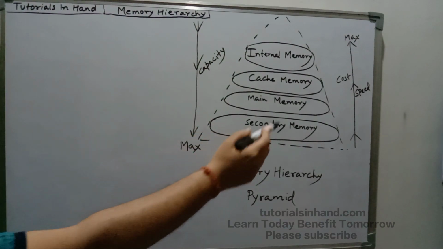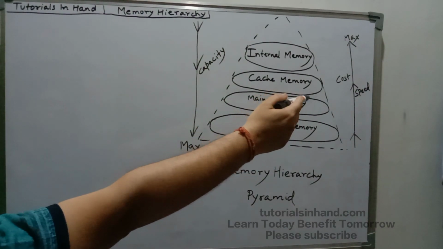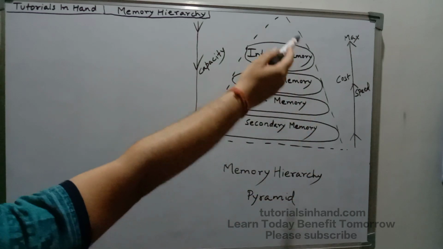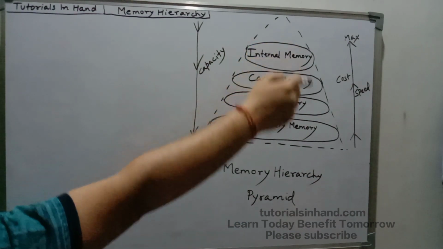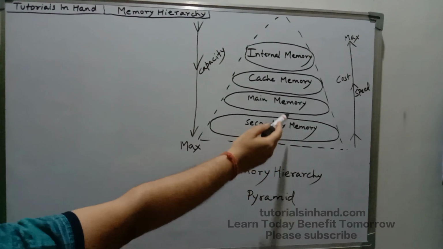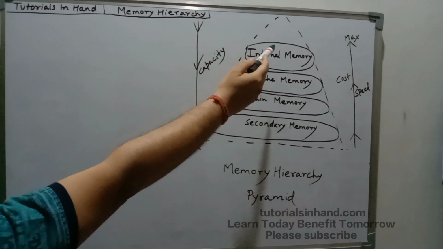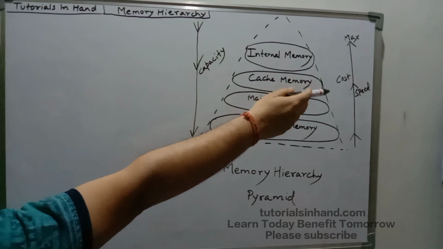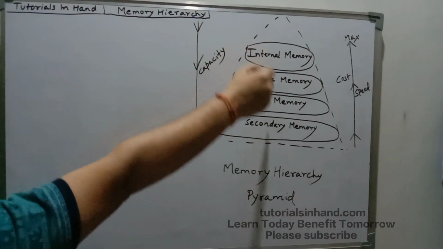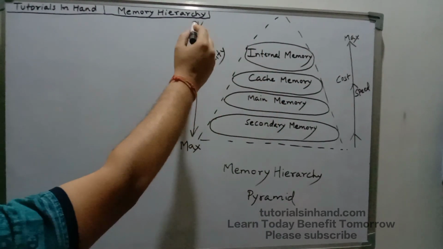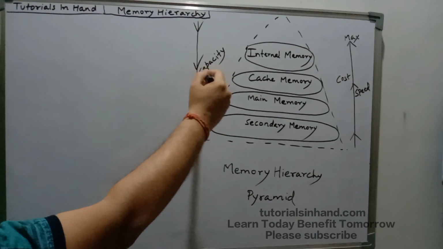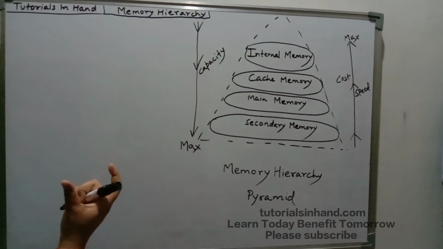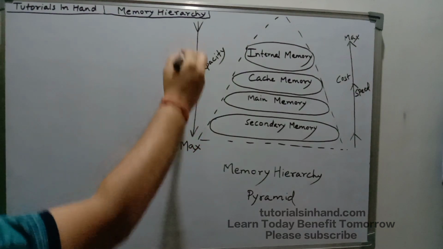On the basis of cost and speed, as we go up, the cost and speed go on increasing. So if we go from secondary memory, main memory, cache memory to internal memory, the cost and speed will increase as we move up the order. But as we move down the order, the holding capacity of these memories increases.